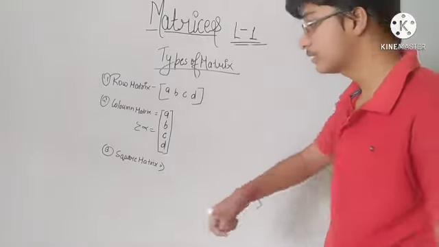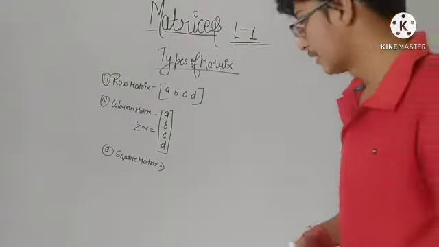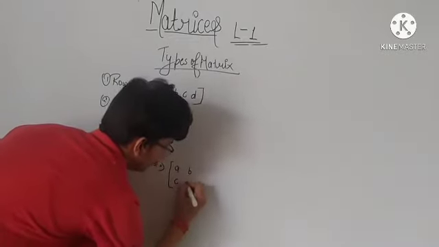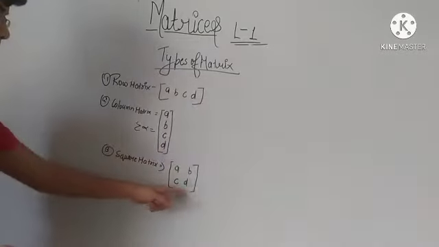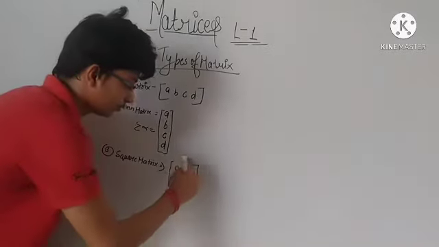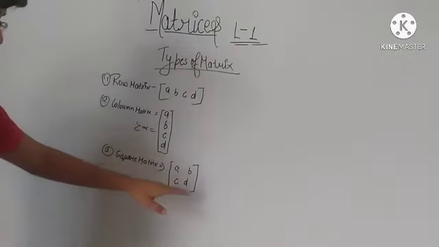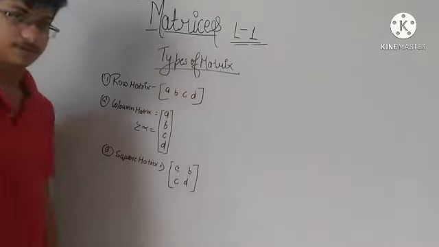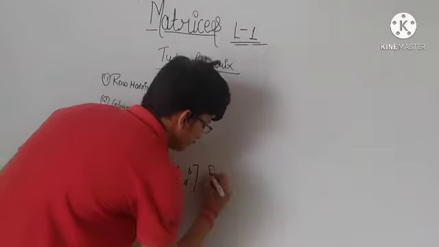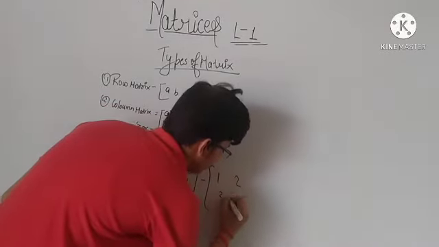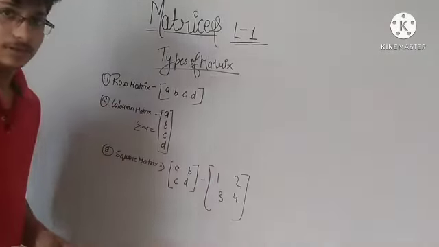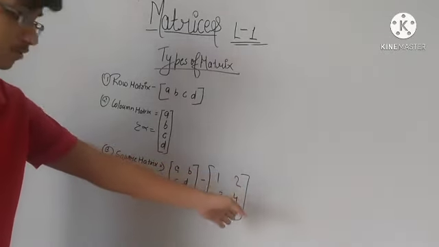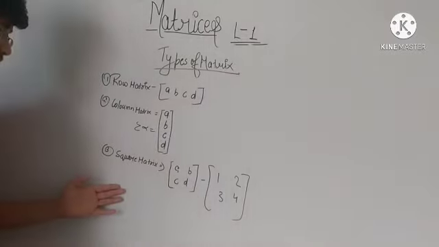Here the example is just like A, B, C, D. Here there are two rows and two columns. The number of rows and the number of columns is equal, so this matrix is called a square matrix. Likewise with the values 1, 2, 3, 4: two rows and two columns, the number of rows and columns are equal, so this matrix is called a square matrix.